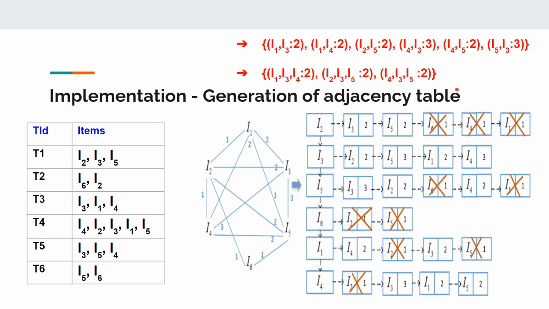As mining continues, you can form 4 frequent item sets and so on until all the frequent item sets are mined. By continuing this process, at last we will have all the frequent item sets mined using this approach.